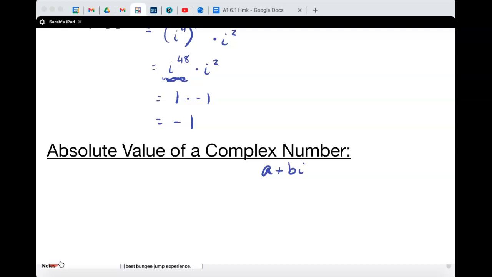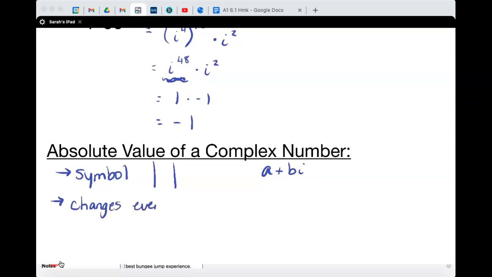So, yeah. Absolute value, we had this symbol of just straight lines with the number inside it. The absolute value symbol basically changes every number to positive. So if I have the absolute value of negative 2, that's actually positive 2.